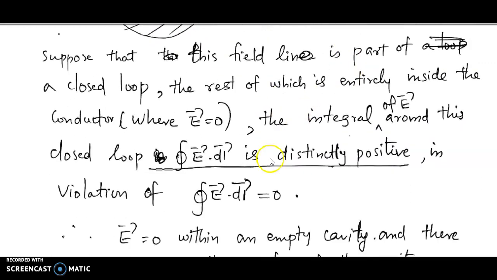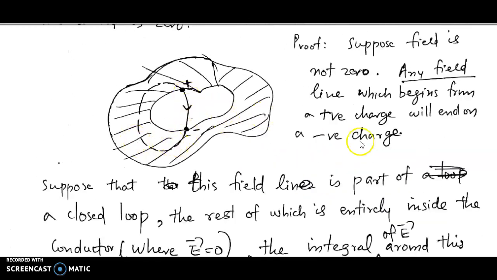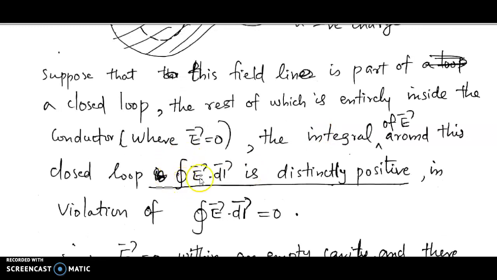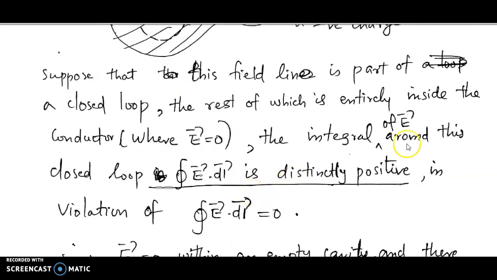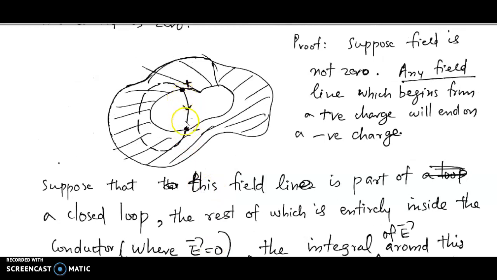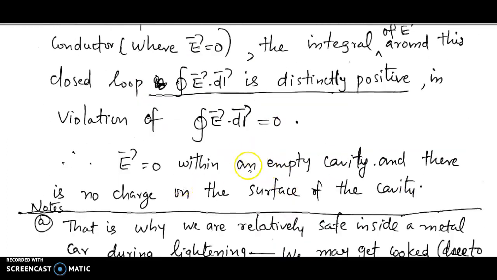But we know the line integral of the electric field along a closed path is always zero. That is integral E dot dl equal to zero. But here what we are getting is integral E dot dl, a distinctly positive quantity inside the cavity. So there is nothing to cancel this. So we can say electric field is zero within the empty cavity.